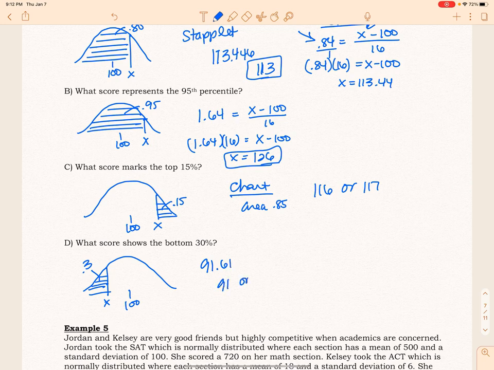So 91 or 92. Okay, either one of those will work. And you will want to show an inequality with these, perhaps the probability that x is less than 91 or 92, whichever way you go with that. You can write them in that format, and that is good communication to round out your answer, just so you know.